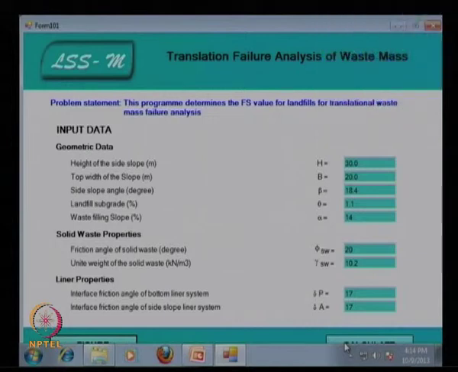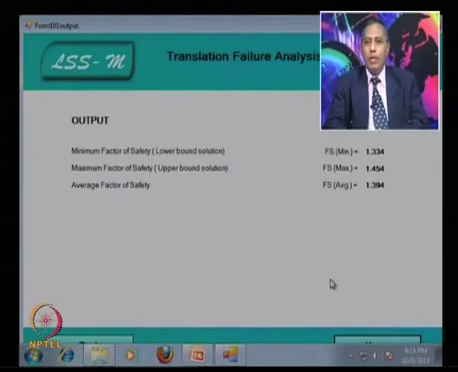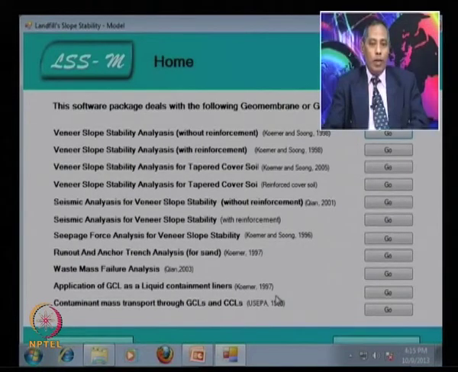So, now if you calculate this, you can have the output: the minimum factor of safety of the lower bound solution, Fs minimum, is 1.334, the maximum factor of safety of the upper bound solution, Fs maximum, is 1.454, and the average factor of safety, Fs average, is 1.394. So, this is safe, then it is okay.